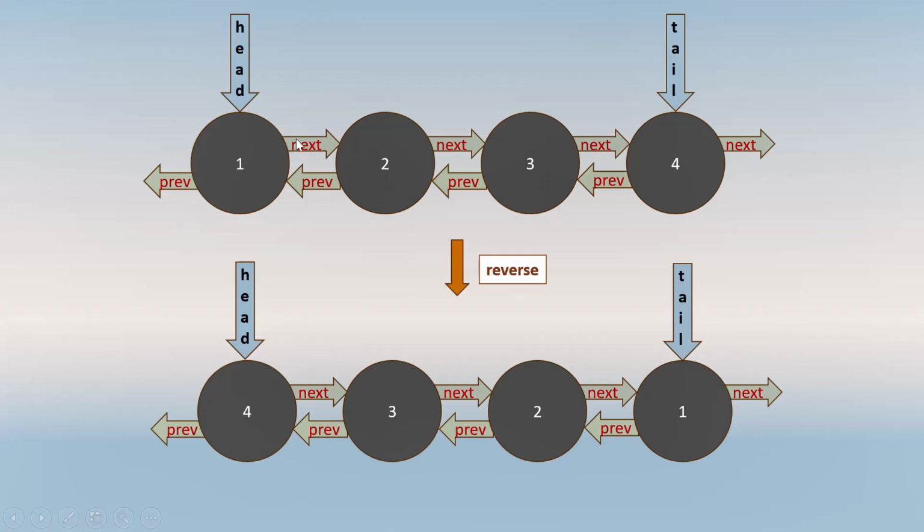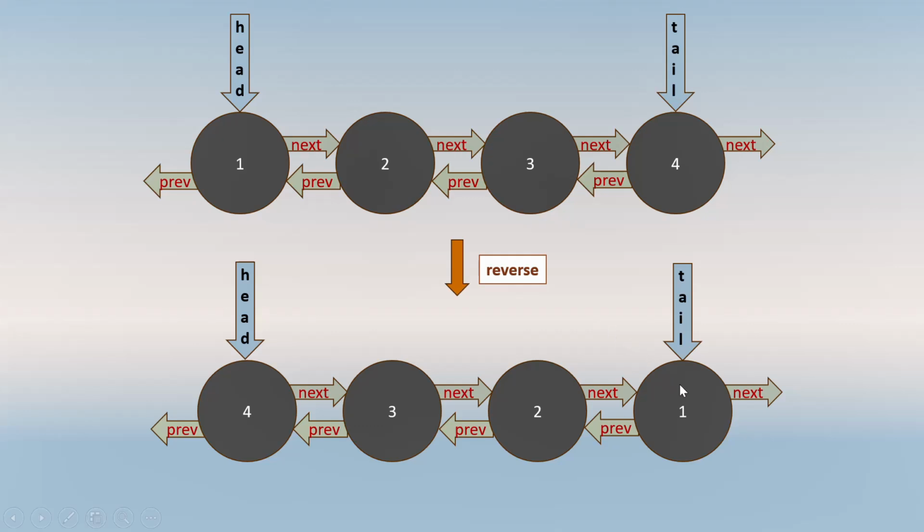Currently 1.next is pointing to node 2. But if we interchange the position of previous and next pointer, then 1.previous will become 2. Similarly 2.previous will become 3, and 3.previous will become 4. So basically we are going in the backward direction.